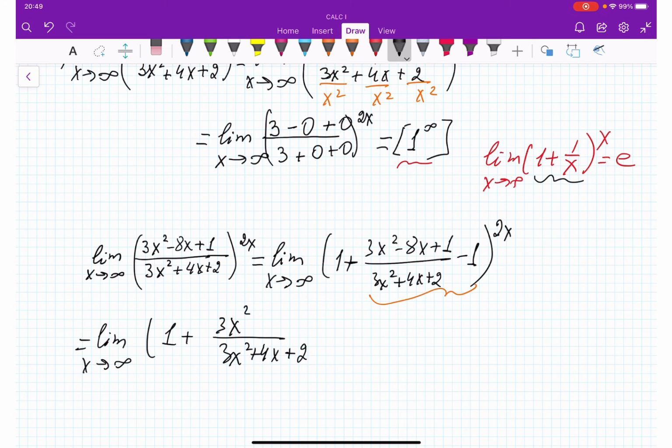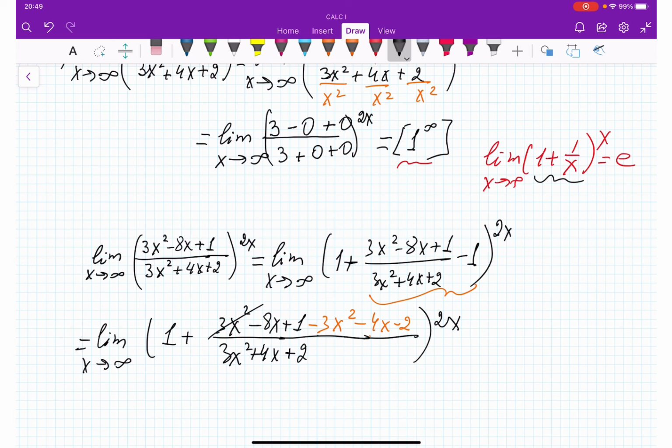Here I have 3x squared minus 8x plus 1. Since I have minus 1, it's going to affect every single term and flip the sign: minus 3x squared minus 4x minus 2. And this is to power 2x.